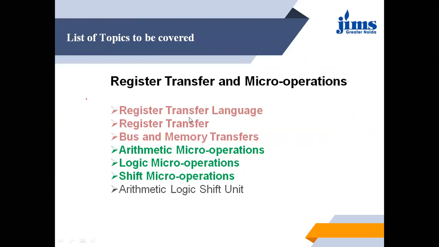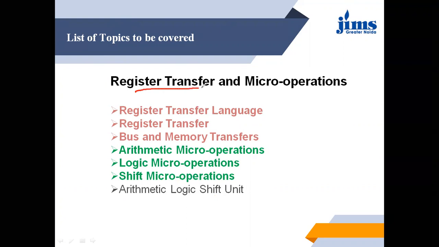Today in class we discussed the arithmetic micro operations, the logic micro operations, the shift micro operations, and in the last, the arithmetic logic unit. So this completes the first part of the first unit, that was register transfer and micro operation.